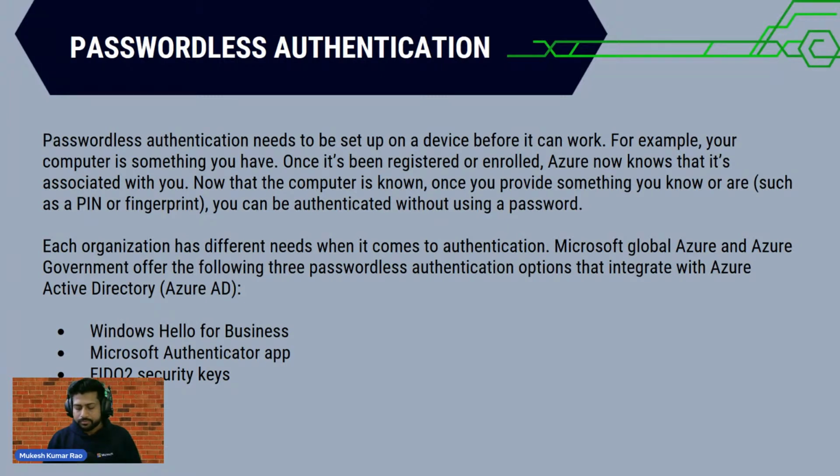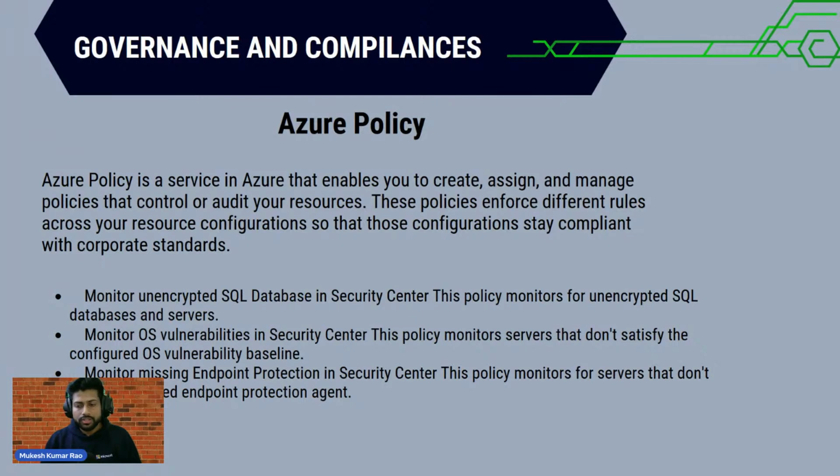Okay, then we have Azure Policy, which we use for the governance and compliance part. It will dictate what kind of process and what kind of standardization you have to follow to run your resources on cloud and in an IT company.